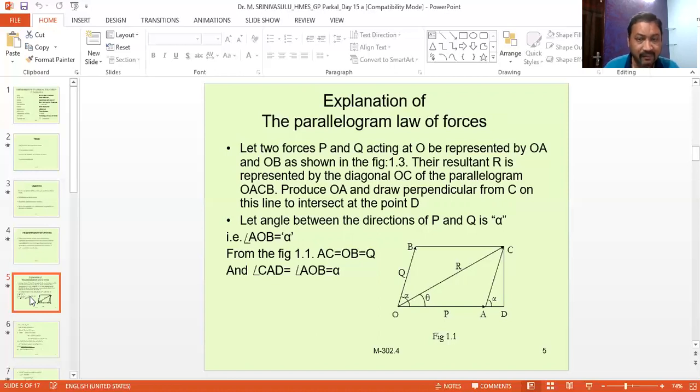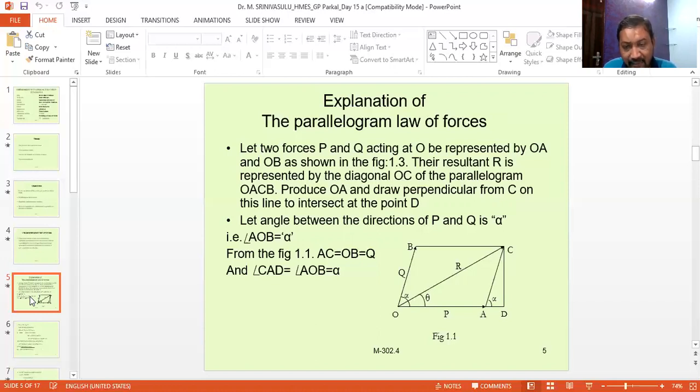Now we know that the angle between the P and Q is alpha. That is the angle AOB is equal to alpha.